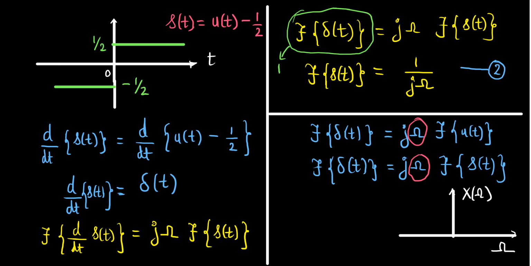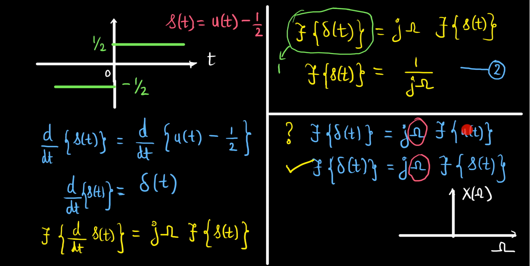So among these, one appears to be more correct, and the other appears to be somewhat fishy. The first equation appears to be ambiguous, whereas this one appears to be more correct. Why? Because the Fourier transform of s of t, that is the new signal here, will have the DC component 0. That means the component present at omega equals 0 will be 0, just because the average value of this signal is 0, and that is reflected at omega equals 0.